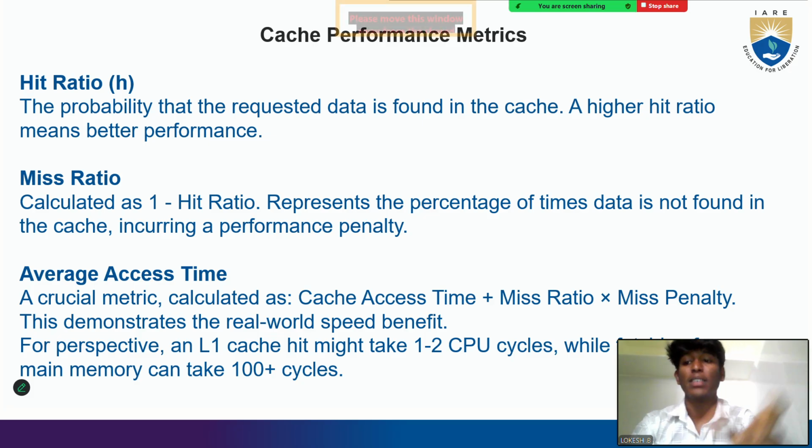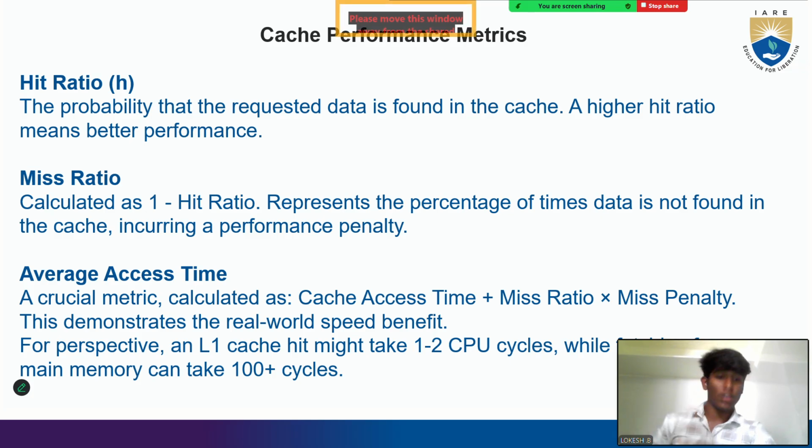There will be a penalty for a miss. It gives the total time, this crucial metric. This denotes the real-world speed benefits. The average access time is the real-world benefit.